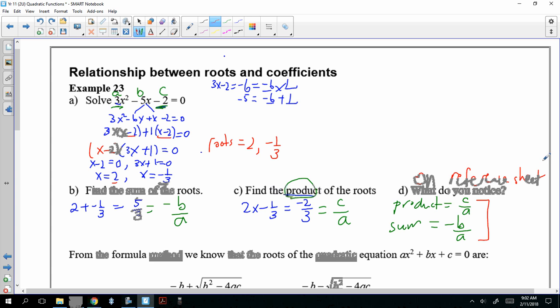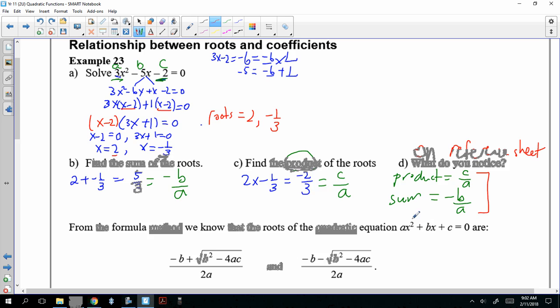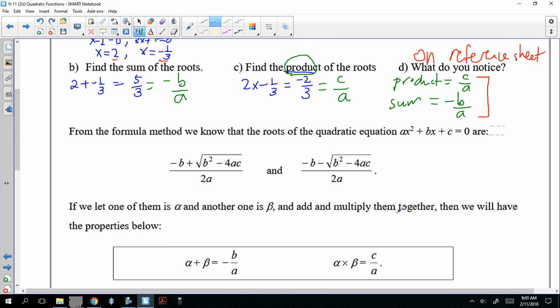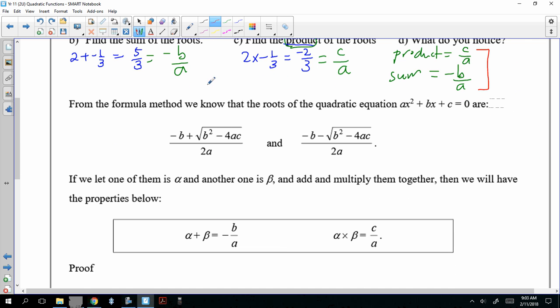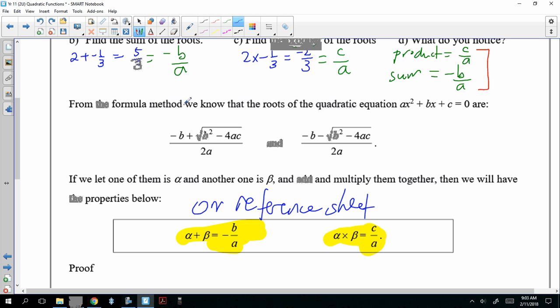Alright, so we can actually prove this, and the proof is not examinable, but it's actually quite interesting. These are the formulas, so you can highlight them. Let me get the highlighter. So that's on the reference sheet. Okay, any question? Pretty straightforward.